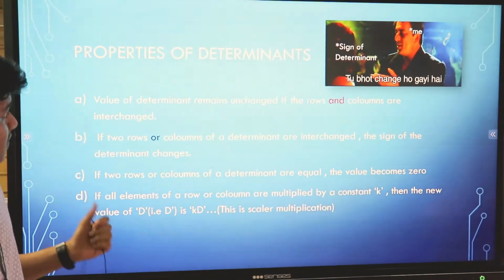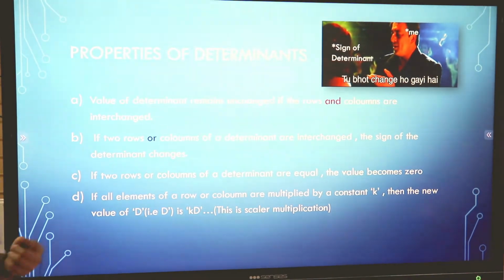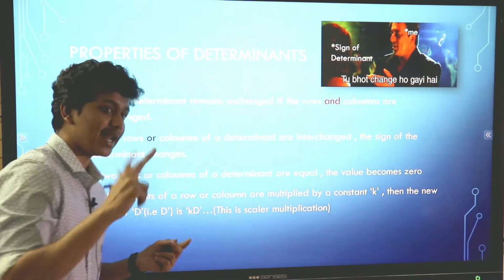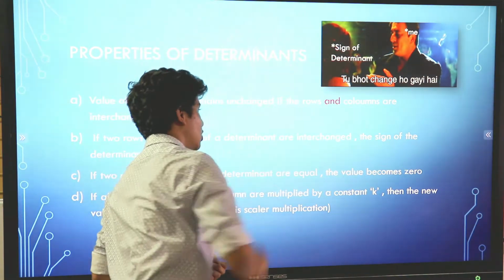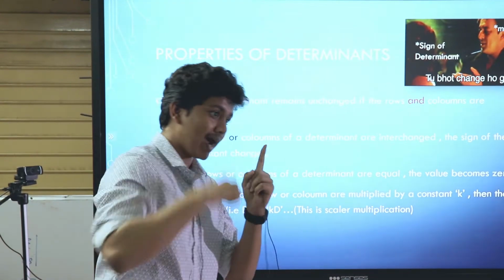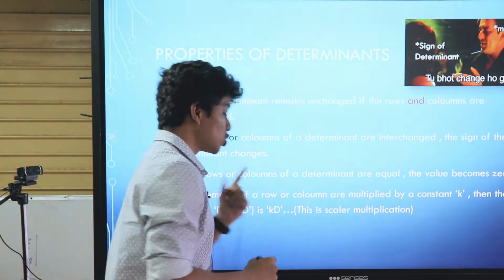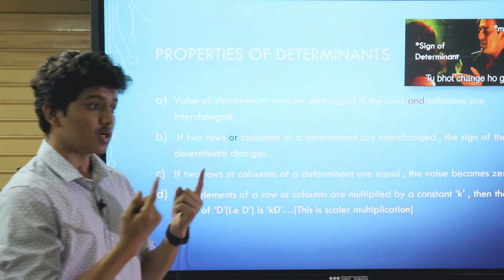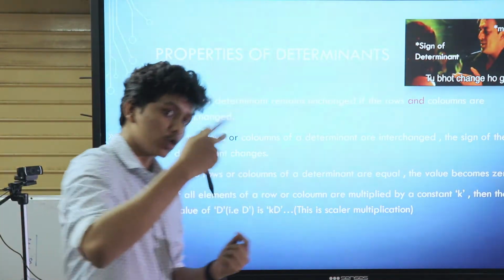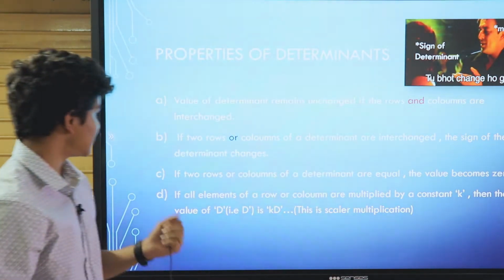Next, properties of determinants. First of all, the value of a determinant does not change if the rows and columns, very important, and columns, are interchanged. So if I'm switching between rows and columns, the value of the determinant will not change. But if I'm switching 2 rows or 2 columns, then the sign changes, which is what Munna Bhai there says.